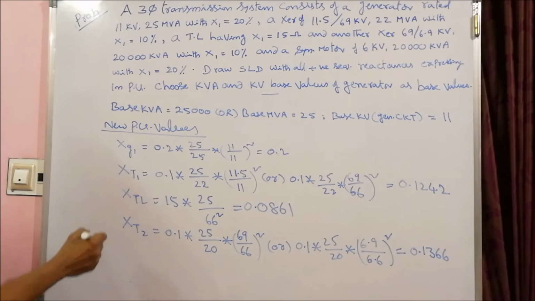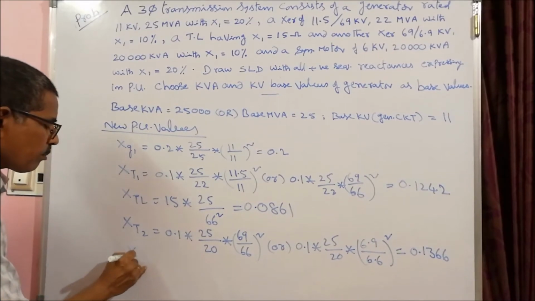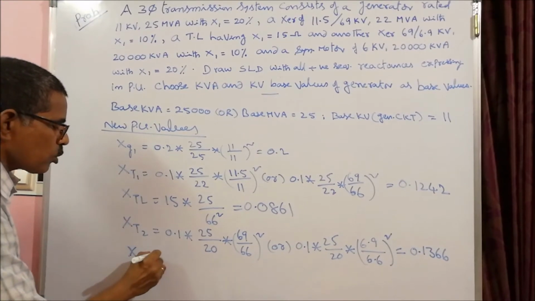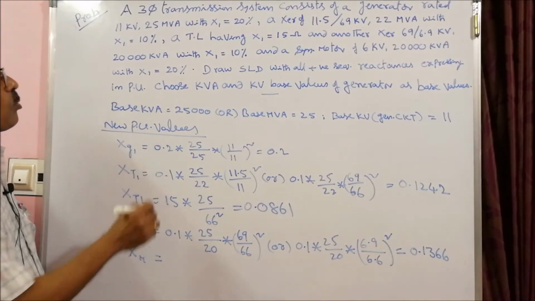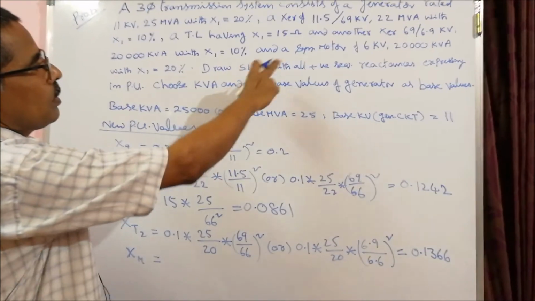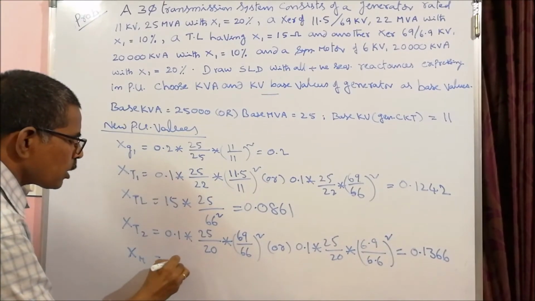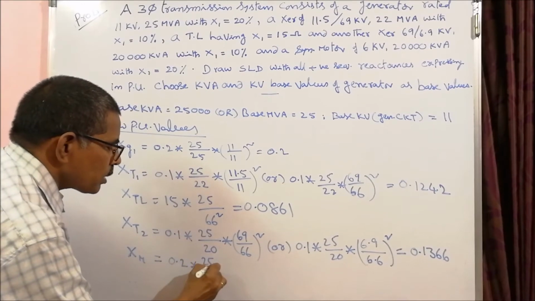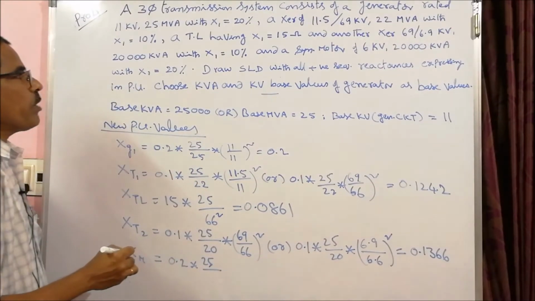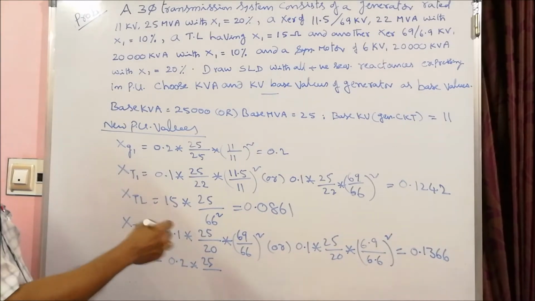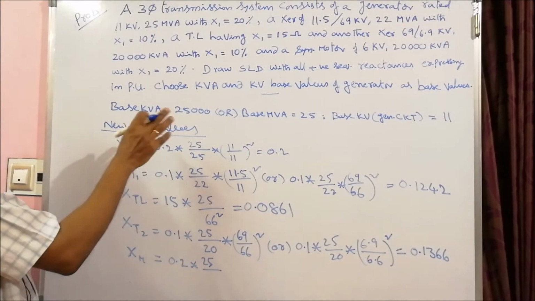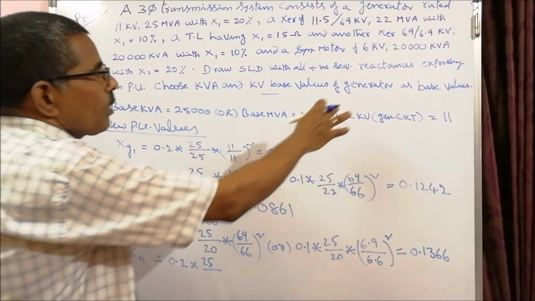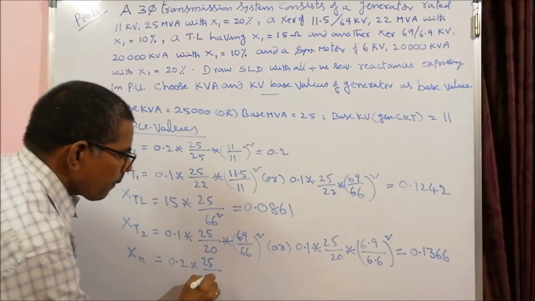Now the last element, which is XM, motor reactance, new per unit value. So the motor has 20%, that is 0.2 into 25, the new MVA, which is selected and is anyway common for the entire system. Then it has 20 MVA.